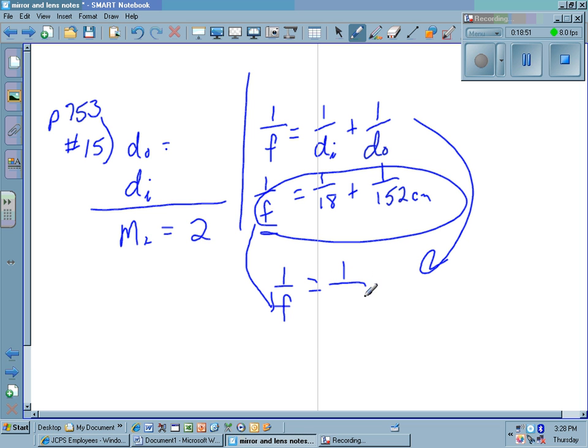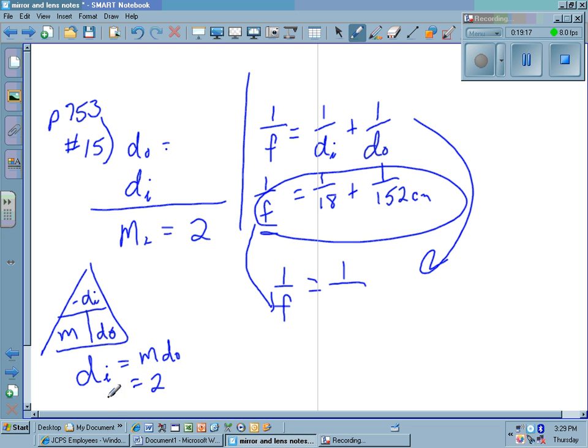If I have DI and DO and I don't want 2 unknowns, you can use this other formula: remember that M equals negative DI over DO. So if you want to find DI, DI equals M times DO, and if you want M to be 2, I now have DI equals 2 DO.